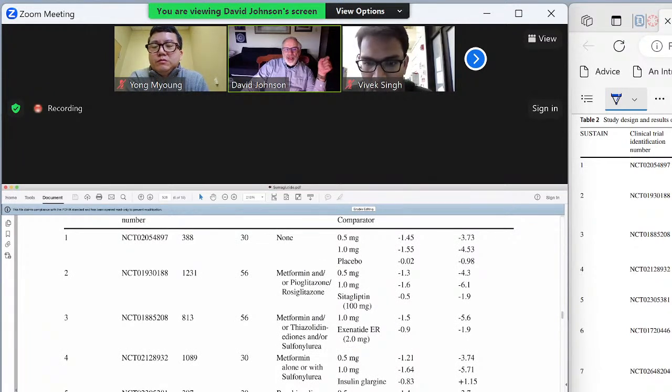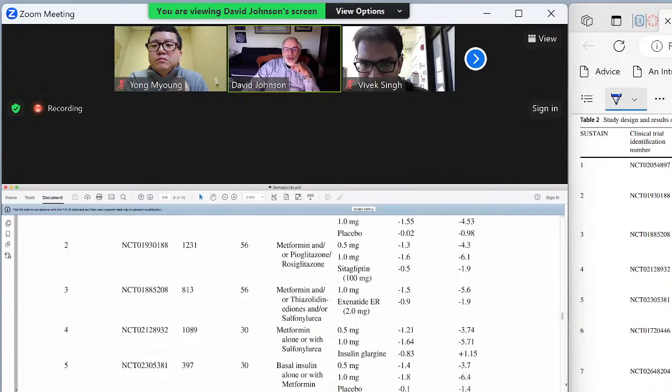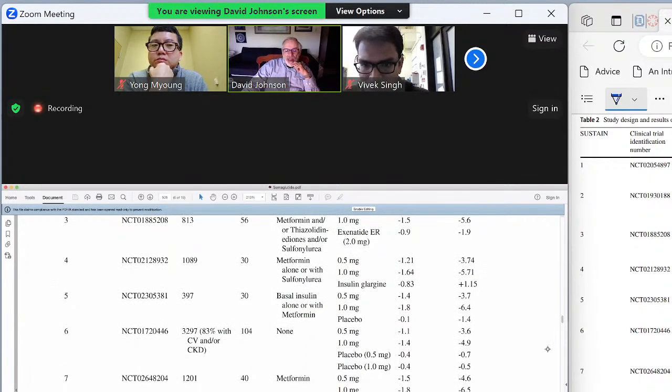The other thing I noticed, at least in this table, if you look at the placebos, they're all negative, so they're all losing A1C to a much smaller degree, but it's all negative.